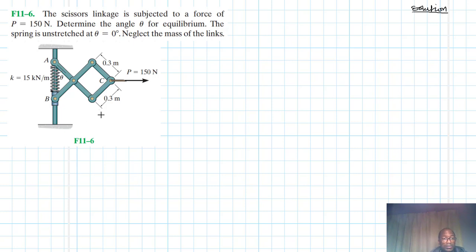You'll be forced to start with maybe joint C so that you find the member forces, and then move to this joint here, which you can call D. Then afterwards move to A, and once you are at A, sum up the equations of equilibrium, then you find theta. So it may take a little bit of time, but you can still solve it.